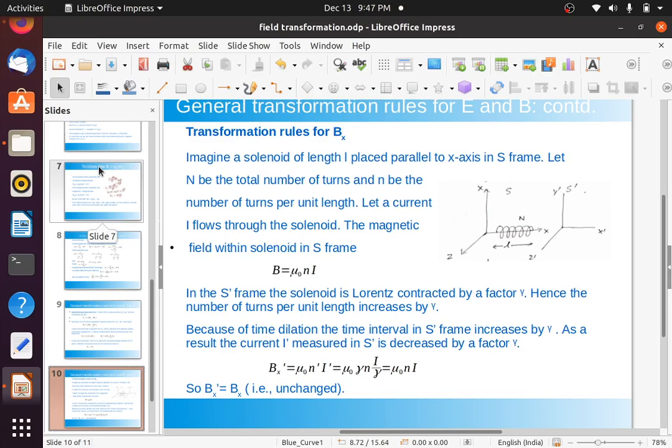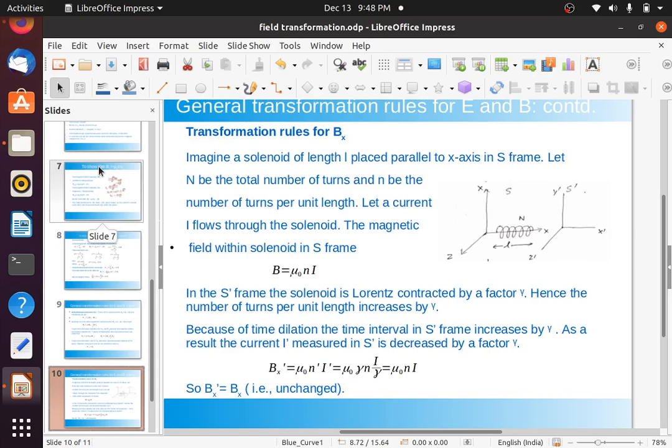Let capital N be the total number of turns in the solenoid, and small l the total length of the solenoid, so that N by l gives the number of turns per unit length, and we use the usual symbol small n to represent that.